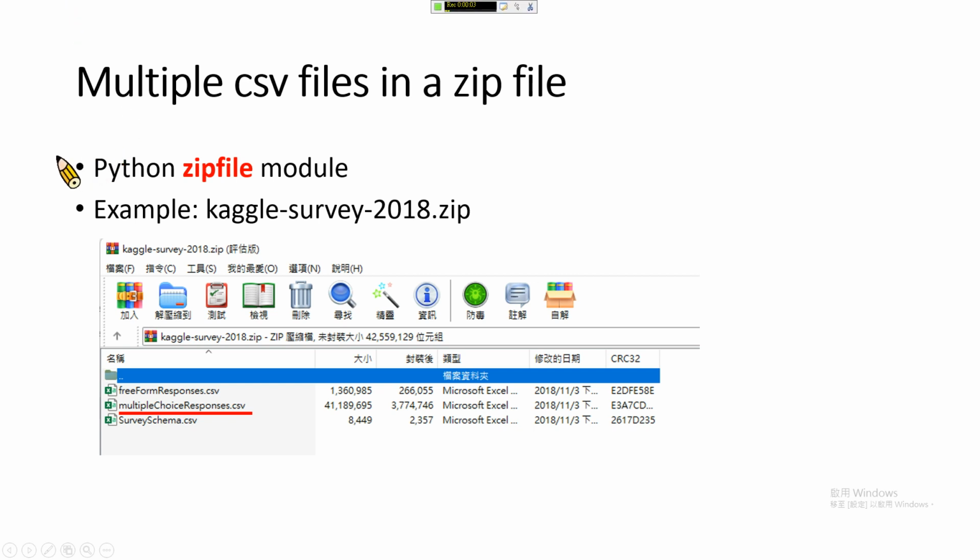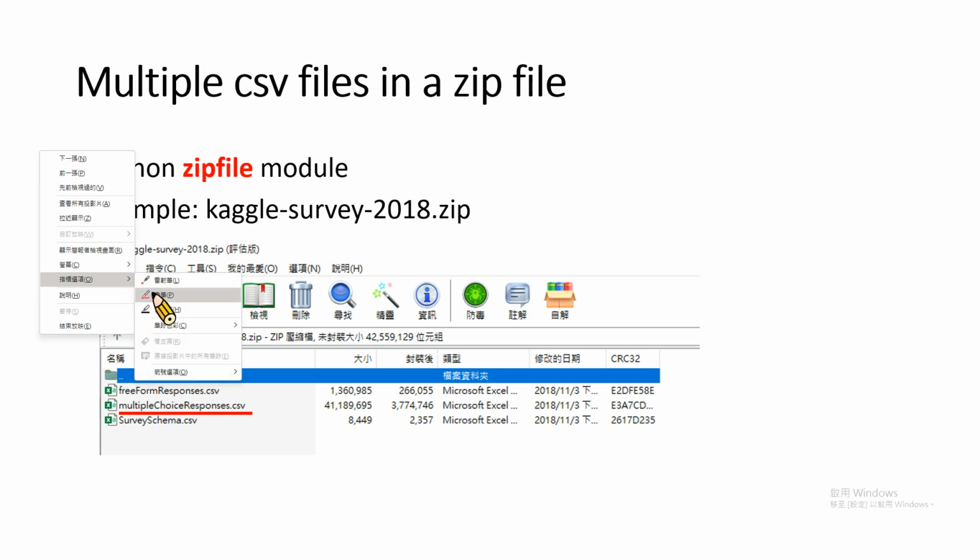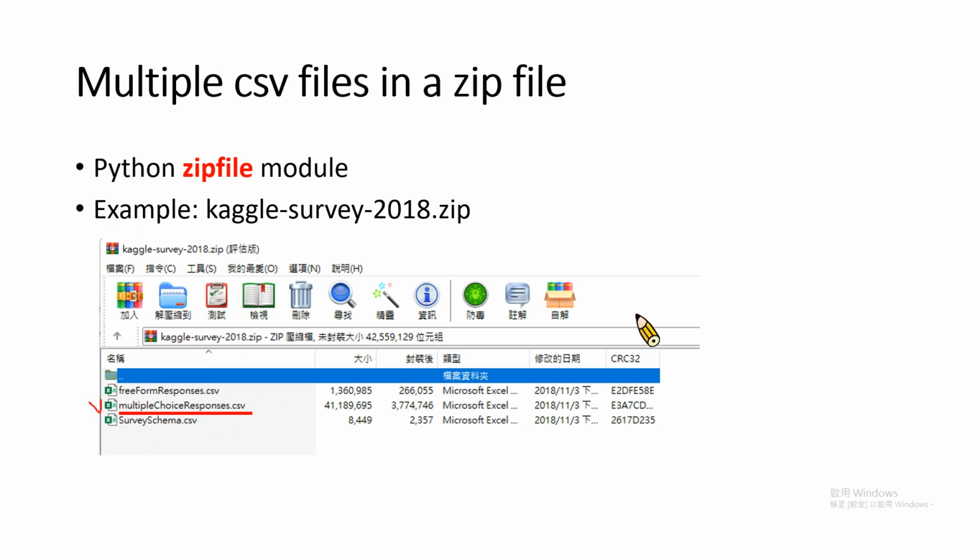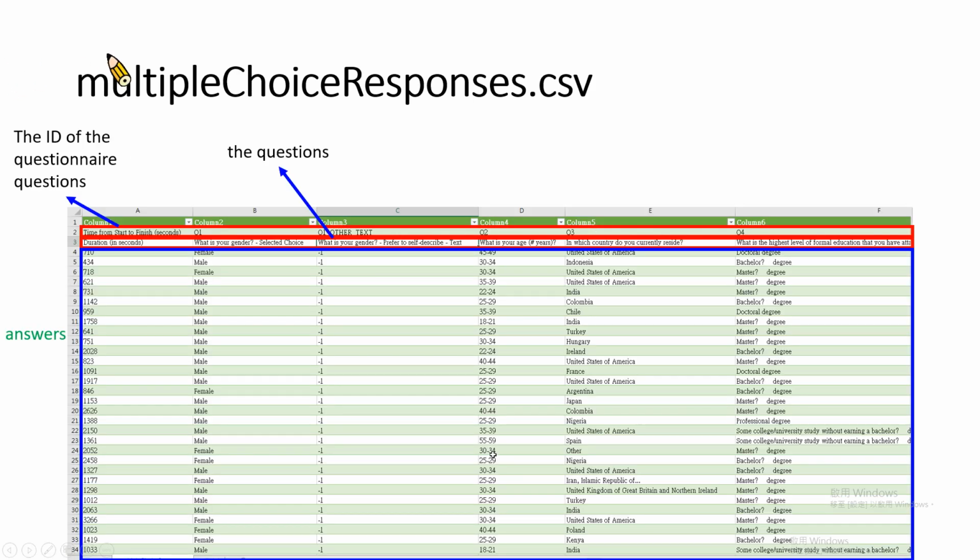So we will read just one CSV file from the zip file, called multiple choice response .csv. Here's the content of multiple choice response .csv. The first column is the time from start to finish, and the second is question 1.